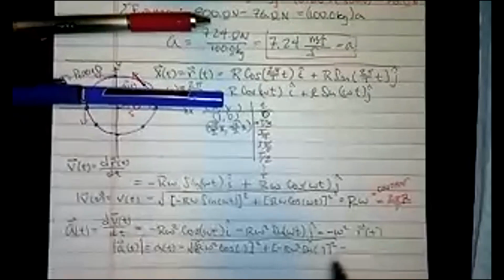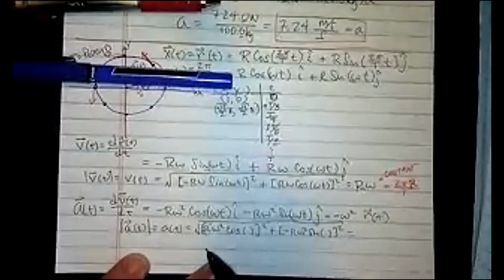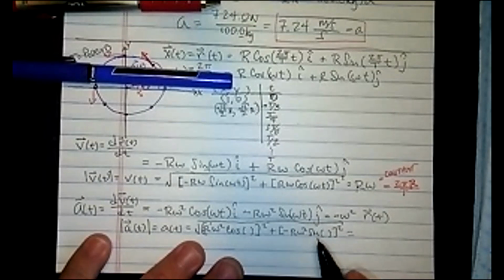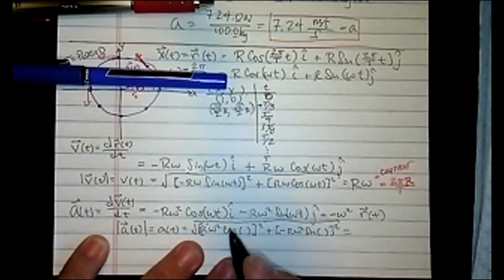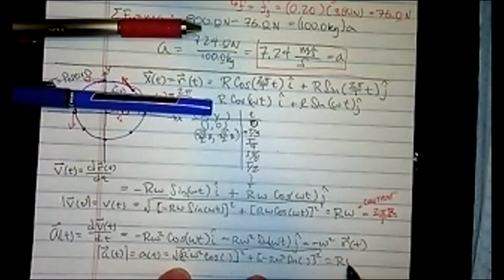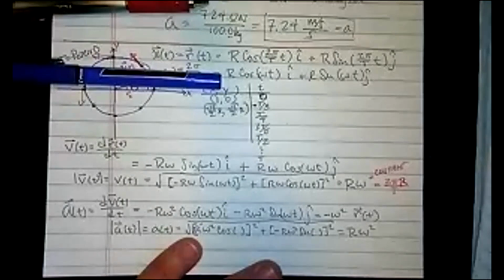And you can again see that the negatives are going to disappear because you're squaring it, the sine squared and cosine squared is going to give you 1. So all I'm left with is r omega squared quantity squared under the square root. So ultimately, that's just r omega squared.